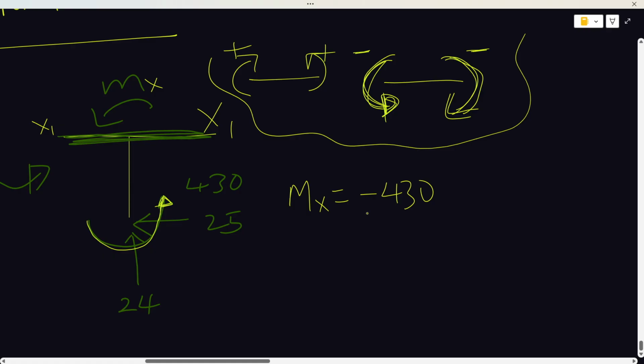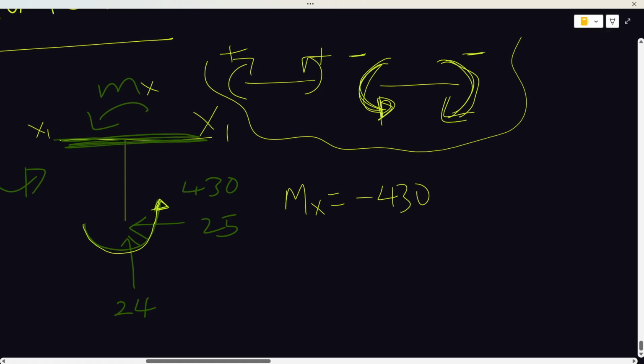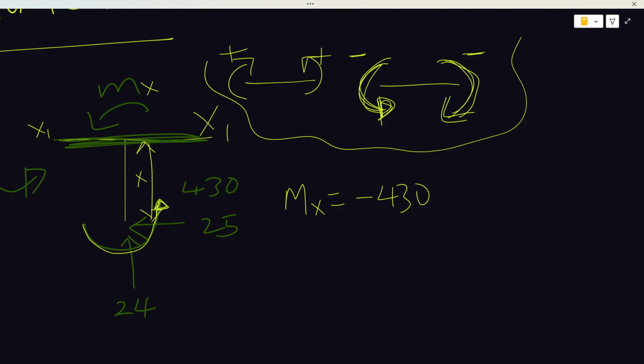I'm dealing with a distance of x because I cut at any location there. So 25 times x, and that 25 will bring my beam upward, so plus 25x. So Mx is equal to minus 430 plus 25x.